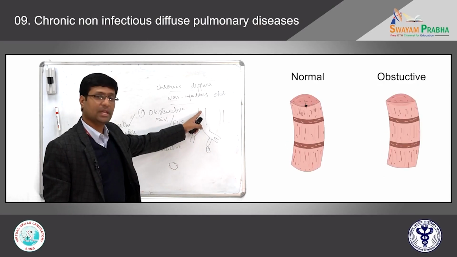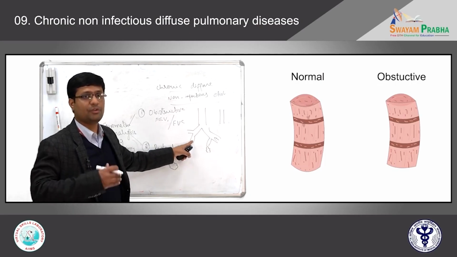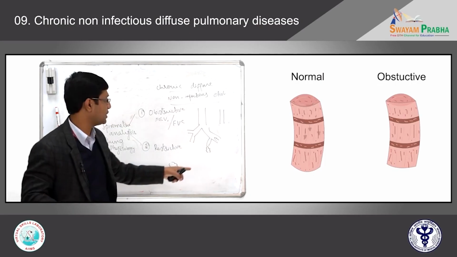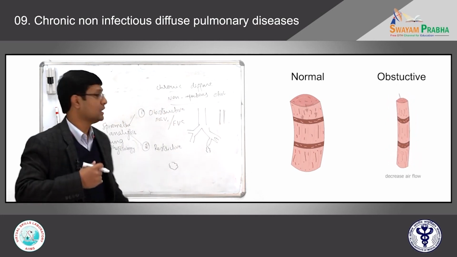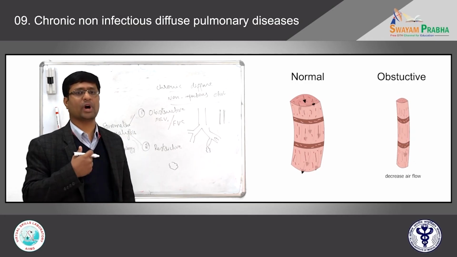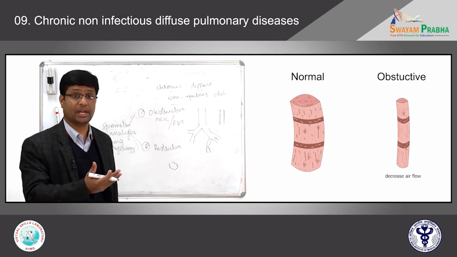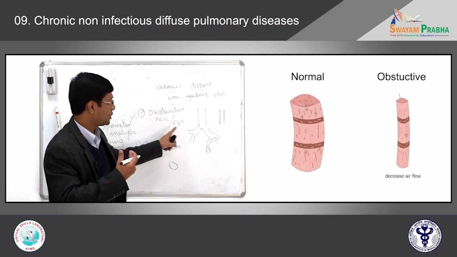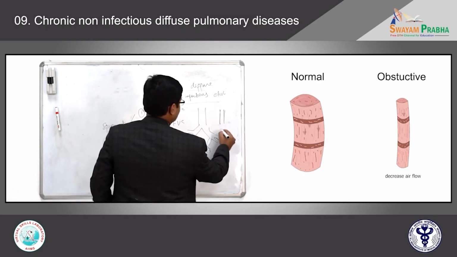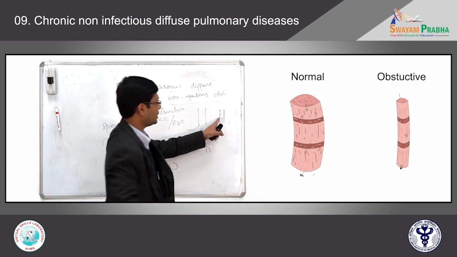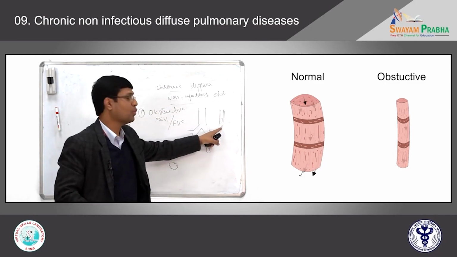So what happens? Air will enter the alveoli. But during expiration, because of the narrowing of the tracheobronchial tree, you have to exert yourself to expel the air. Whenever there is a narrowing, you will have more resistance.